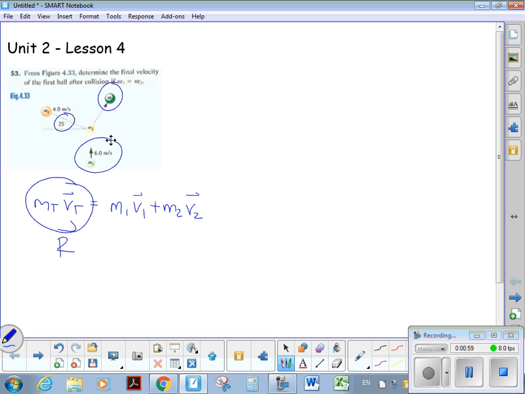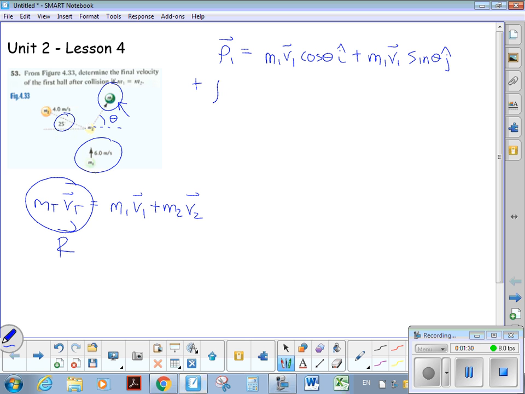So I'm going to take the momentum of ball 1, and the momentum of ball 1 is, I believe, right there. So it's going to be, and we don't have an angle, so it's an unknown, m1 v1 cos theta i plus m1 v1 sine theta j.